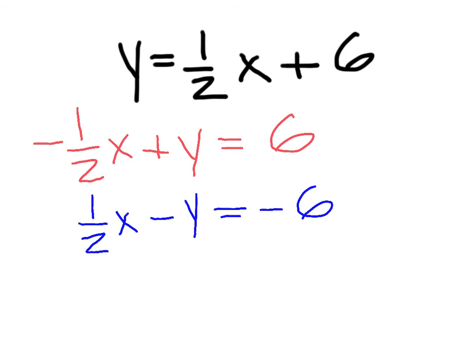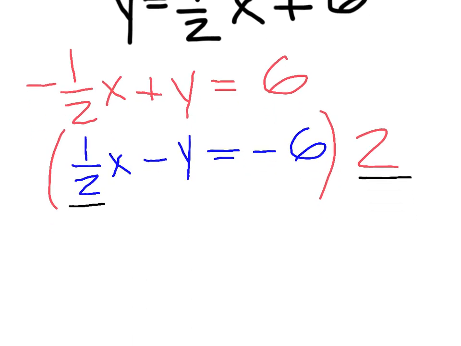Next thing is you're going to need to get rid of the fraction. If I want to get rid of a denominator in a fraction, I can multiply everything in that equation by that number in the denominator. So I would multiply the entire equation by 2. When I multiply by 2, this 2 will cancel out this 2.